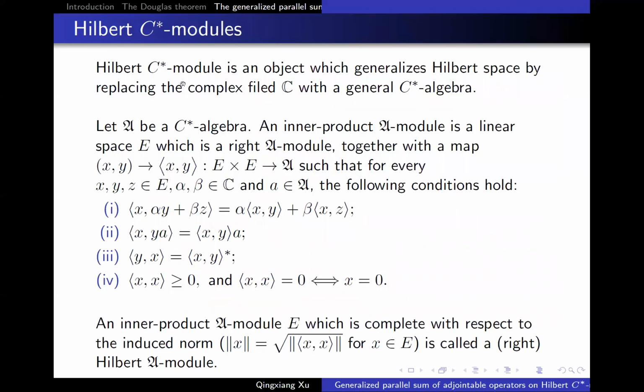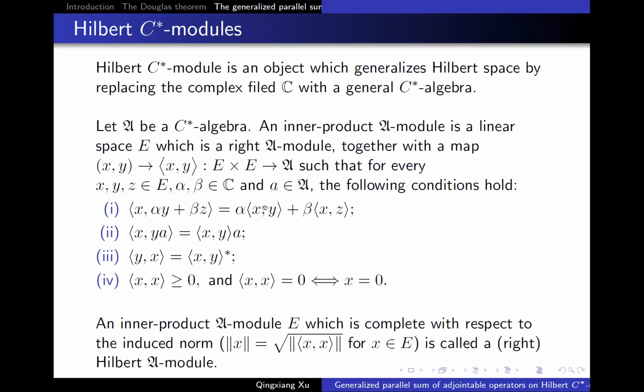Okay, so let's move to the Hilbert C* modules. A Hilbert C* module is a natural generalization of a Hilbert space. The main difference between Hilbert C* modules and Hilbert spaces is that the inner product takes its value in a C* algebra, not strictly in the complex field. So here is the definition.